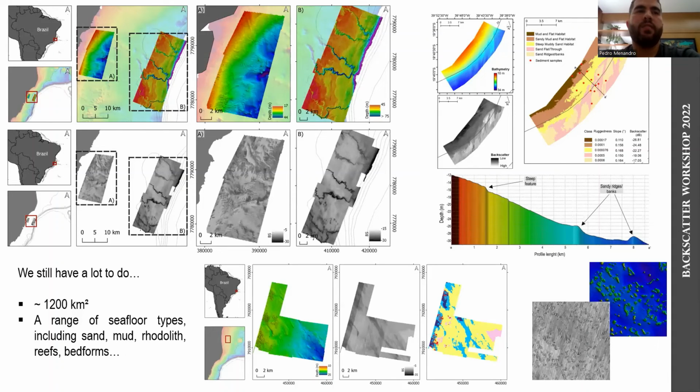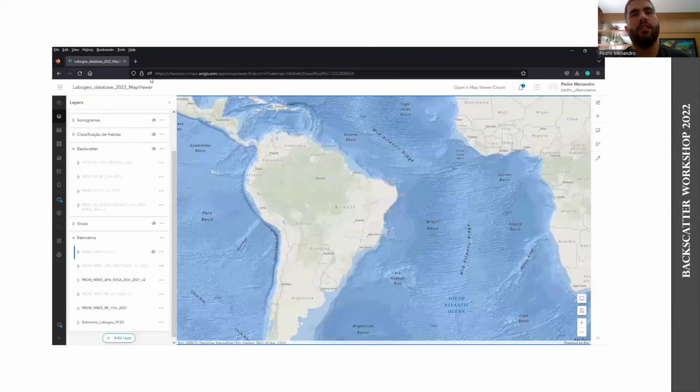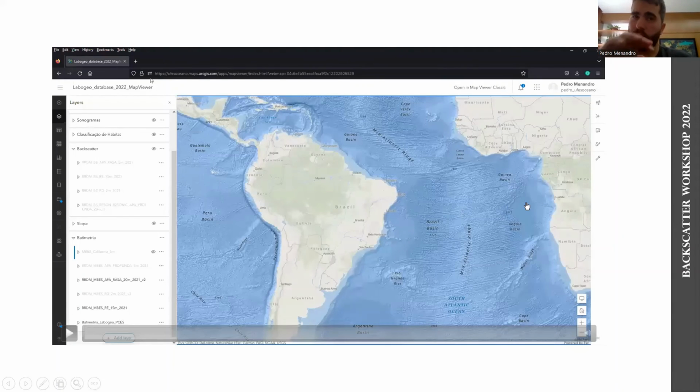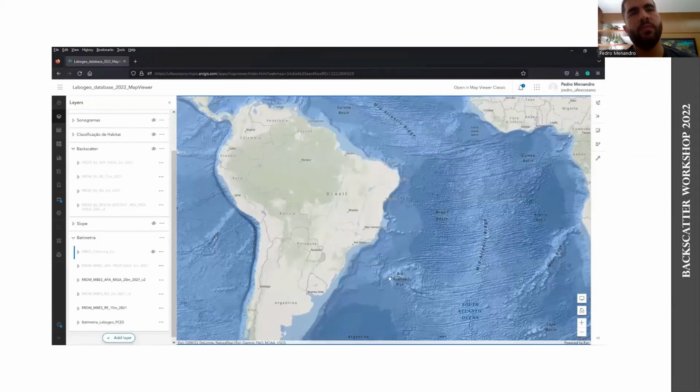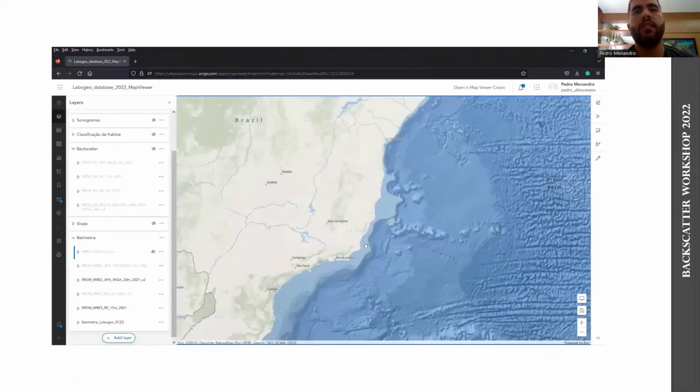In this range of seafloor, we have a heterogeneous MPA. We have an area with many reefs, and an area close to the Doce River mouth. So there is a lot of work still to be done. And here is just the database we have online, not yet available, but we intend to make this database available.